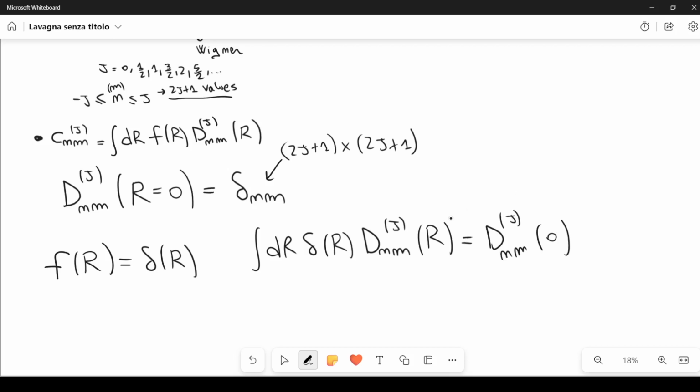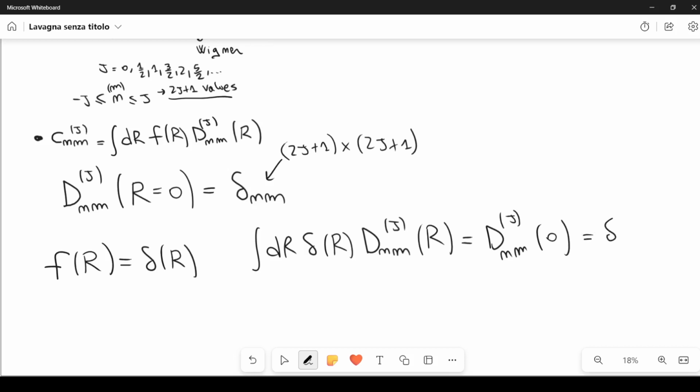I'm simply using the properties of the Dirac delta. When I multiply a function by a Dirac delta, I can evaluate the function at the point where the Dirac delta has its peak. The peak of the Dirac delta is at R equal to 0. Therefore, we get D^j_nm of 0, which we can factor out of the integral, and then we have an integral of dR delta of R. So the integral over the group of the Dirac delta is equal to 1, so here I can multiply this by 1.